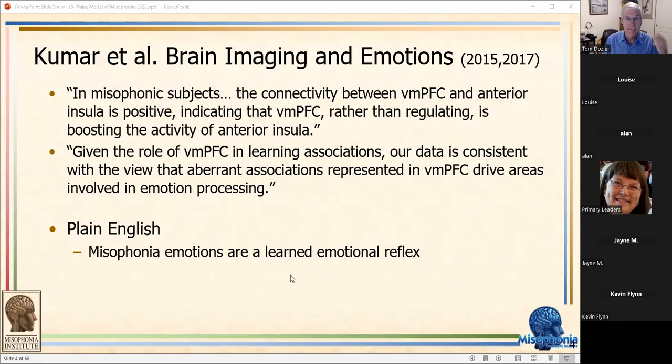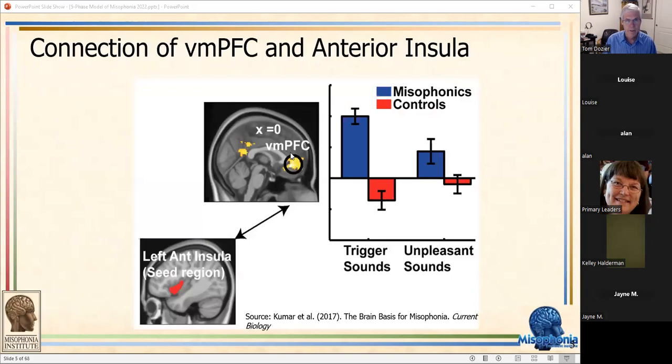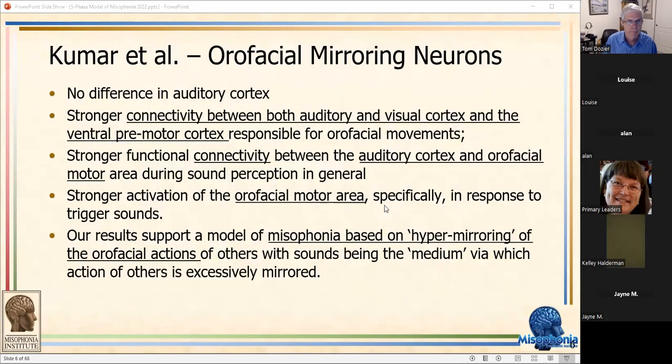It's not a defect, or a genetic kind of condition. It looks like it's a learned response. Okay, here are the factors of the brain that are involved. And for people who have misophonia, they hear a misophonia trigger and have this very strong boost to their emotional activity. And people who do not have misophonia actually have a suppression response to hold down their reaction.